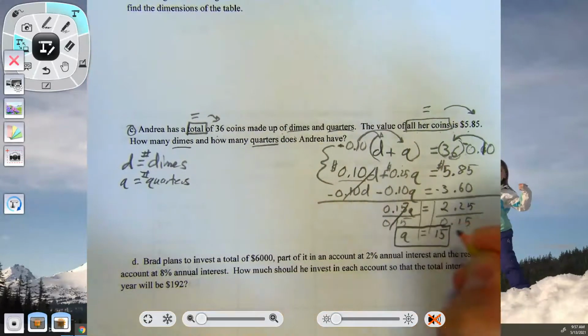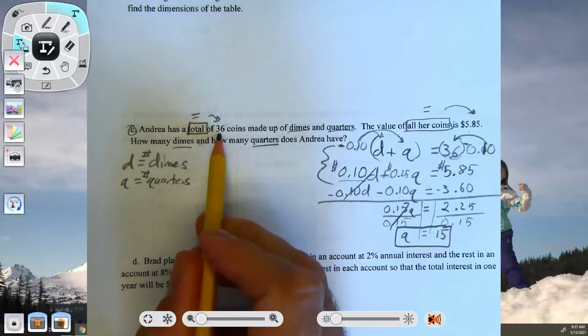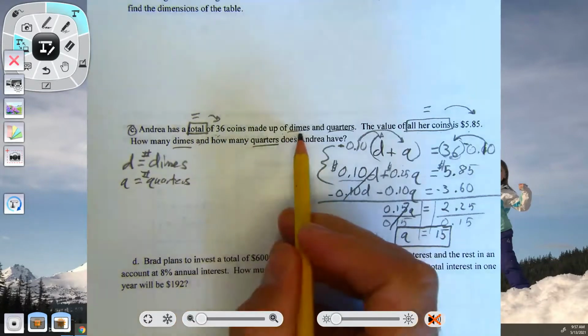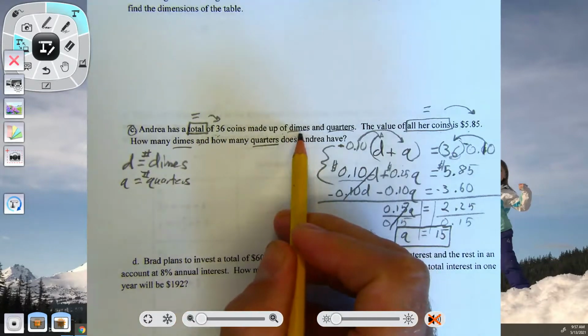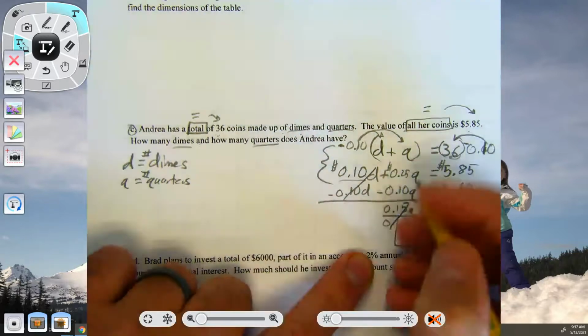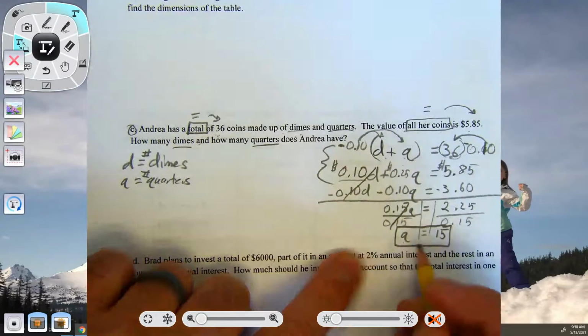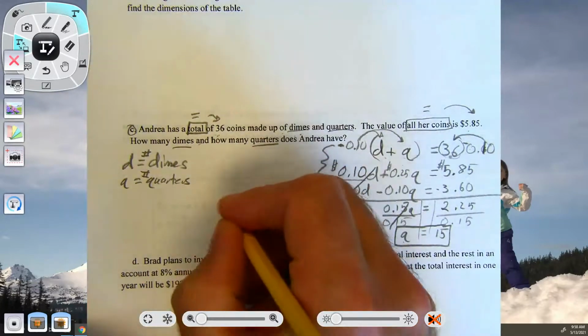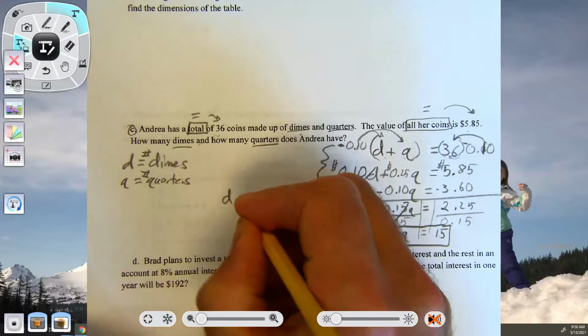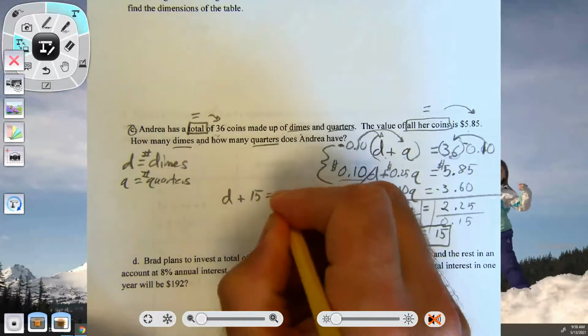We know that. And I know that there's a total of 36 coins, so if 15 of them are quarters, that means that 11 of them, or is it 21? 21 of them are dimes, right? And let me show you how I figured that out. I took this first equation, D plus Q equals 36, and I just plugged the Q in, right? So D plus 15 equals 36.